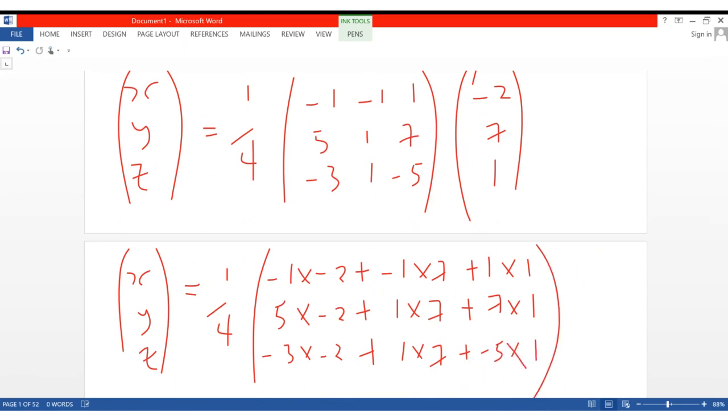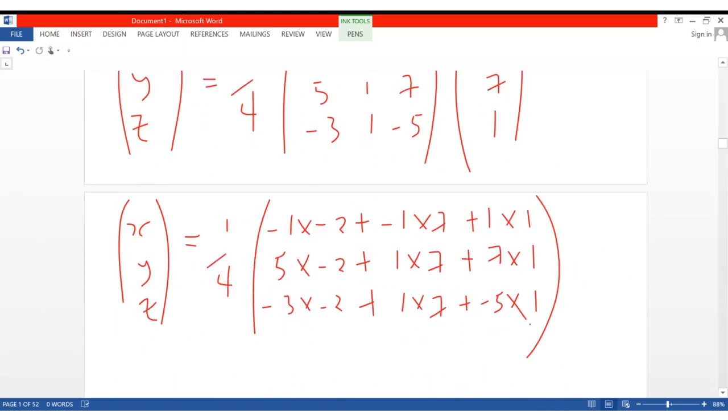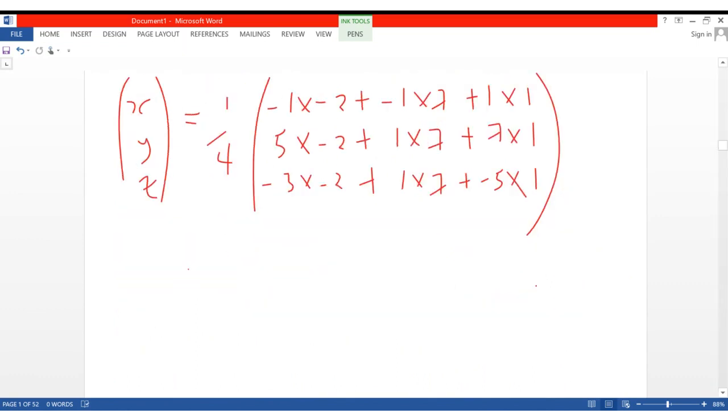So the first one, if I do it, then confirm with a calculator, a quarter. The first one I'm getting, that is negative 1 times negative 2 minus 7 plus 1. I'm getting this one as negative 4. That one is negative 10 plus 7 plus 7. I'm getting this one as 4.